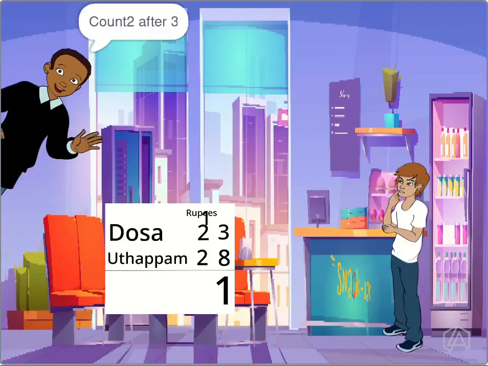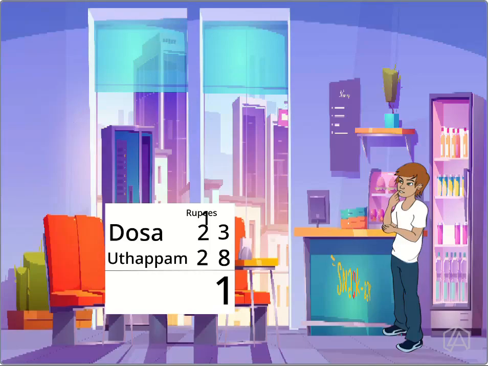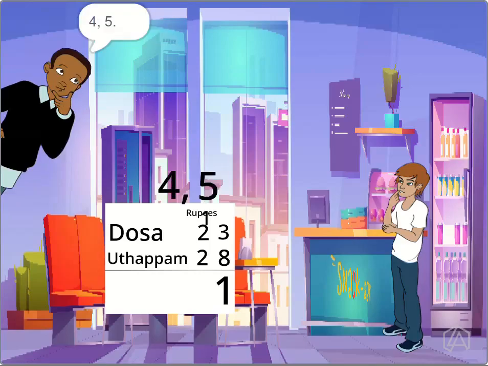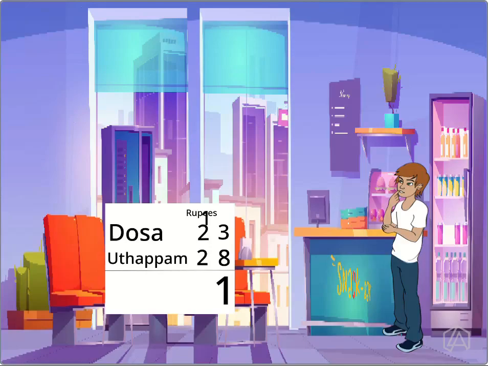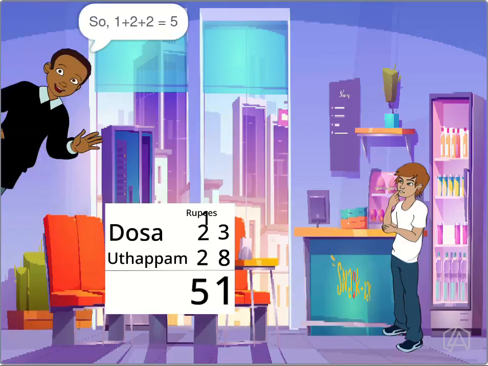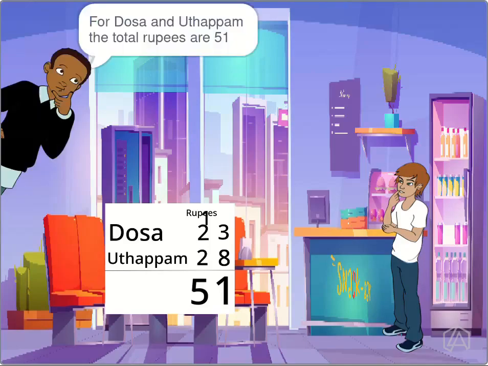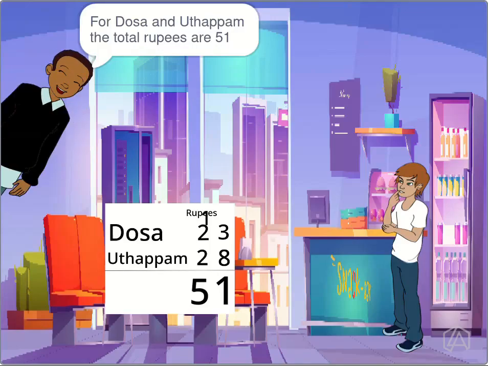Count 2 after 3. 4, 5. So 1 plus 2 plus 2 is equal to 5. For dosa and uttapam, the total rupees are 51.